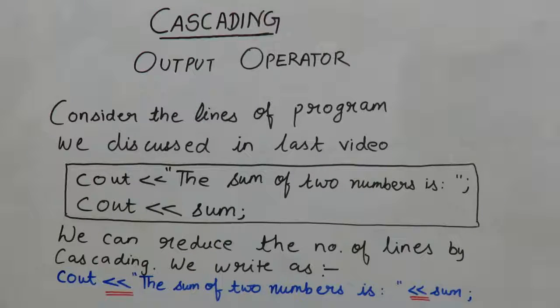Then, instead of putting a semicolon and writing another cout statement, we put another output operator and write the name of the object sum. So after printing this text, the value of sum will be printed directly. Here we have used two output operators, see here and here. So by using multiple output operators in a single statement, we can reduce our code length.